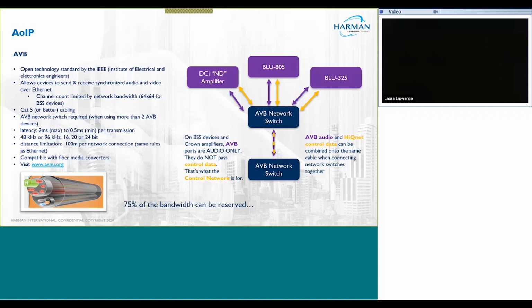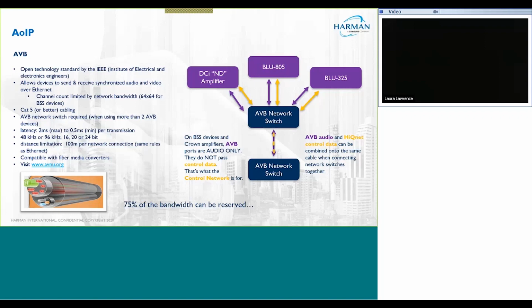Again, the preference would be that you separate out your traffic, especially the HiQNet control traffic, and obviously, with the bandwidth utilization of audio and video over a network, it's going to be substantial. So if you can separate that traffic out, that's definitely going to give you a more robust solution.